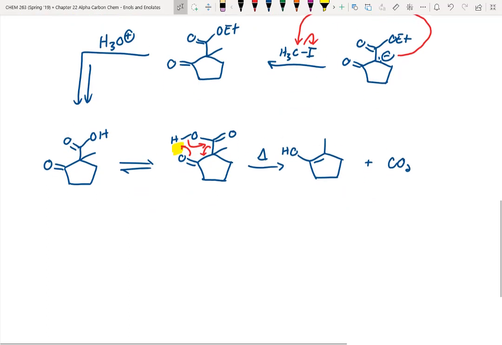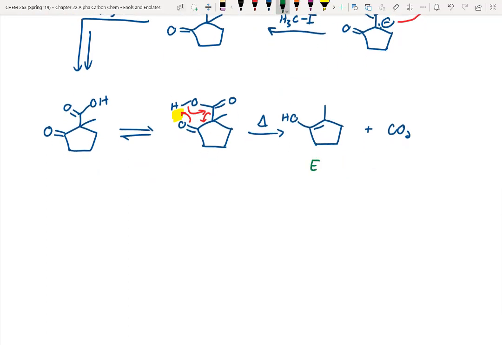At this point, though, we've got our enol floating around. And we know that the enol will quickly tautomerize to our ketone. We know that the ketone form is usually favored unless we have some sort of extended conjugation occurring in the system.